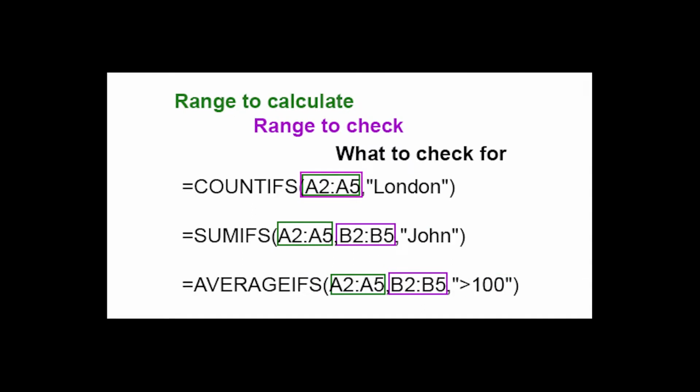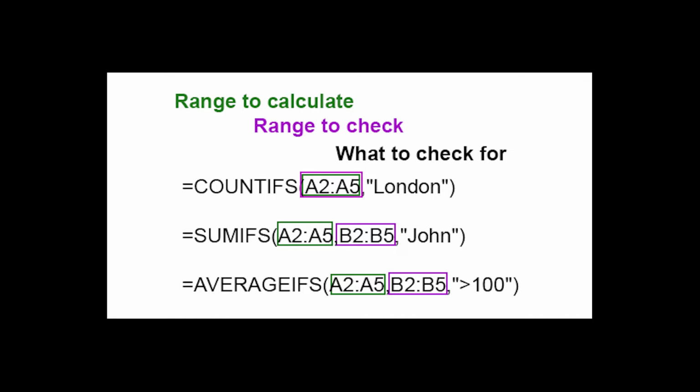So here, instead of COUNTIF, I have COUNTIFS with an S at the end. And the same for the others. Instead of SUMIF, I have SUMIFS with an S. And instead of AVERAGEIF, I have AVERAGEIFS. First of all, you could see that I'm a lot more organized. The format of the COUNTIF and COUNTIFS functions are basically the same.